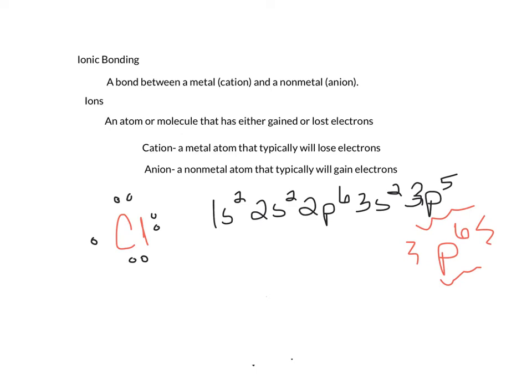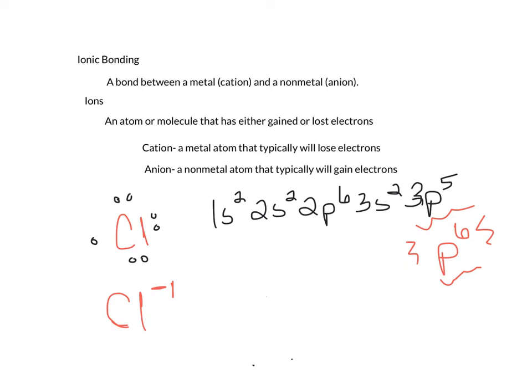And chlorine does just that. So we end up with the anion of chlorine, where chlorine's anion will be Cl with a minus 1.